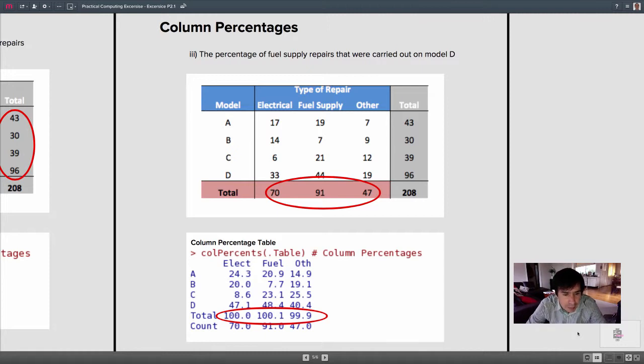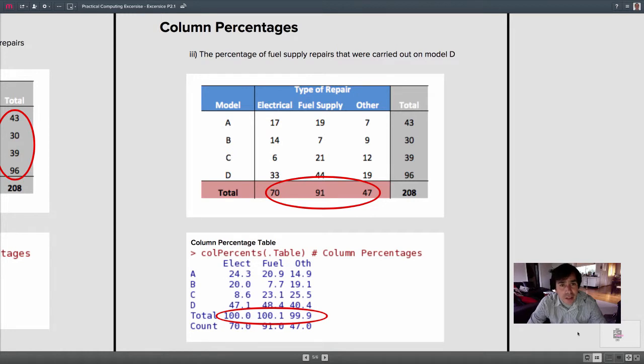Then have a look at the table created in R. Under count, you can see 70, 91, and 47, exactly the same values, which represent the total number of repairs for each type of repair. And these numbers are considered as 100%. And that's the reason this table is called the column percentage table. You can see here some small differences, 100.1, 99.9, this is just a rounding error, but they are considered as 100%. Now let's have a look at the question.